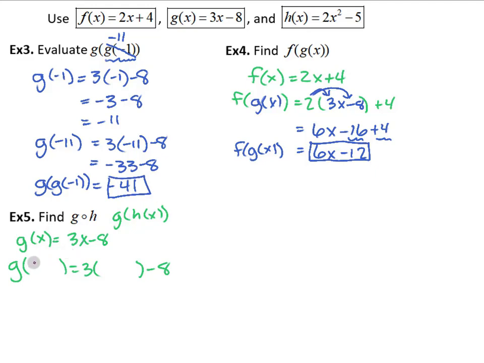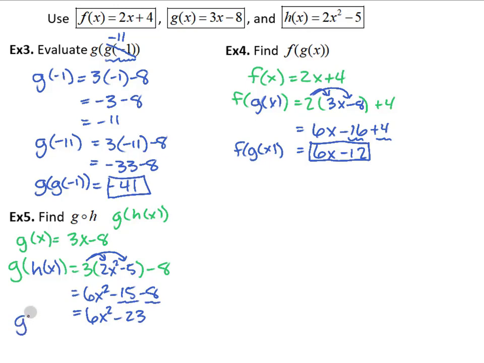And h of x is 2x squared minus 5. So that goes in our parentheses that we've replaced x with. Again, always use parentheses there. So we'll need to distribute our 3. That gives us 6x squared minus 15 minus 8 out here. And combining our like terms, our negative 15 and negative 8 make negative 23. So g of h of x simplifies to 6x squared minus 23.